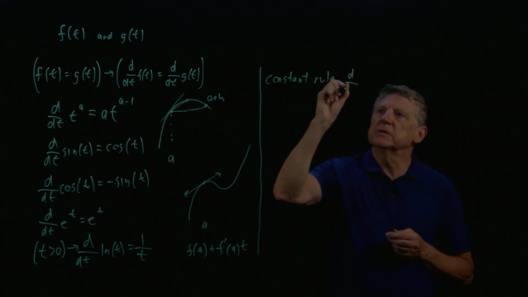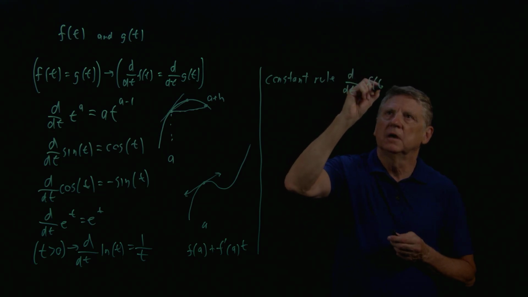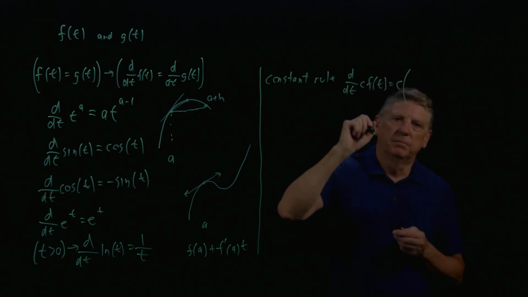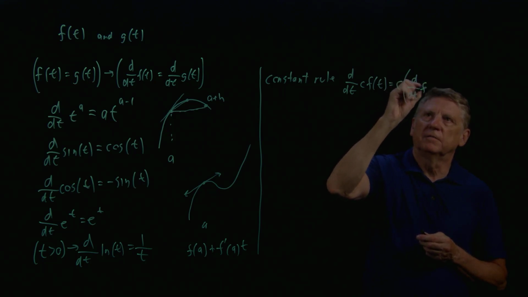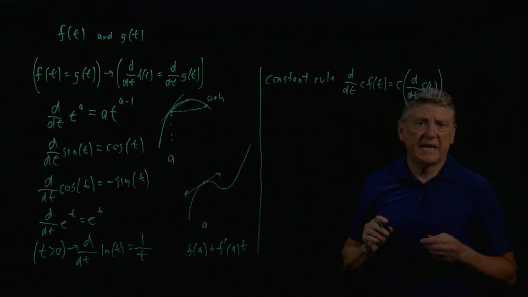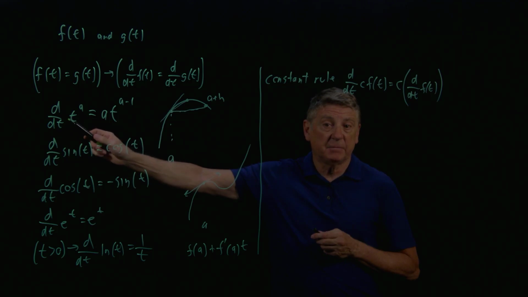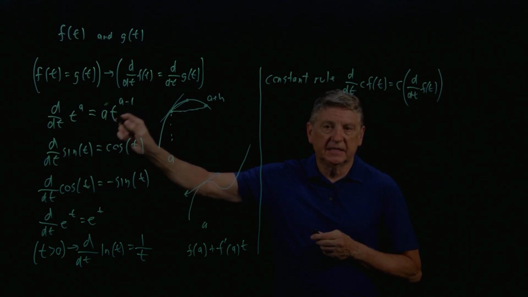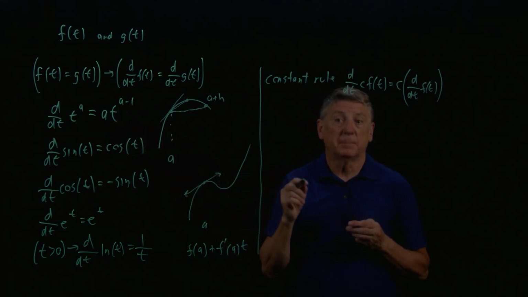The derivative with respect to t of a constant times a function equals the constant times the derivative of the function. So for example, if we had c times t to some power, we would use the power rule on the power, and then use the constant to figure out what the derivative of the constant times the power is.